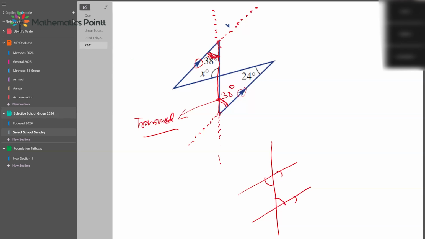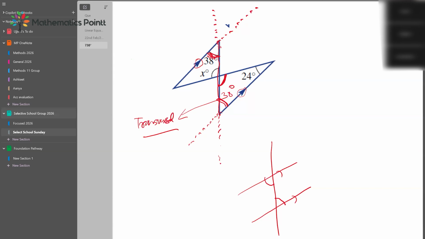They are 38 degrees. So what would be this angle? The sum of the angles of the triangle is 180 degrees.